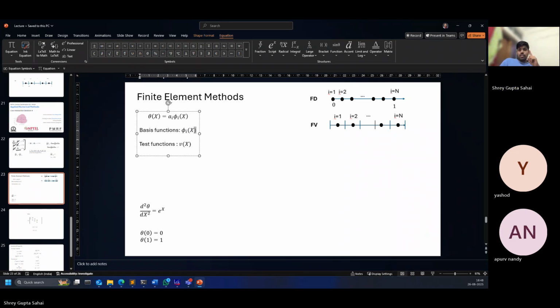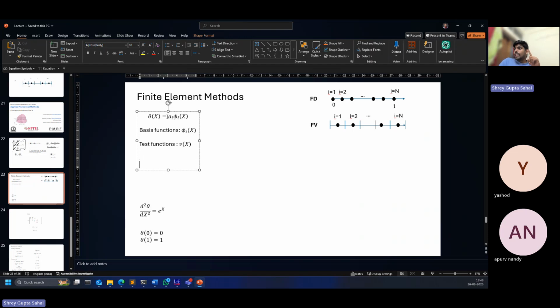There are two important features of finite element. It distinguishes from finite difference in a manner that it seeks an integral solution. It seeks a weak solution, to be honest.